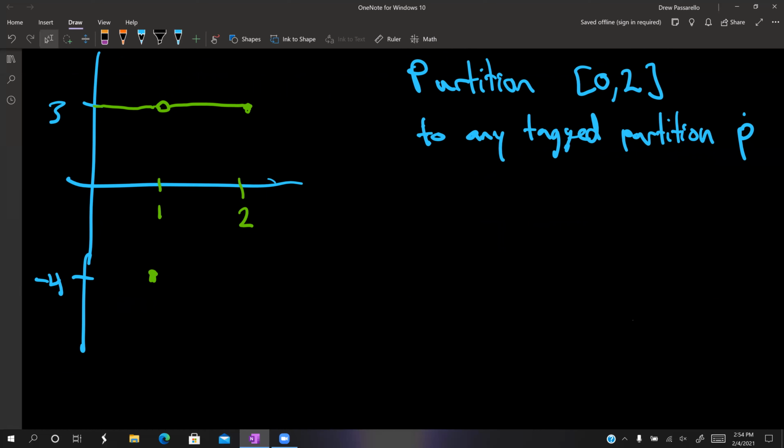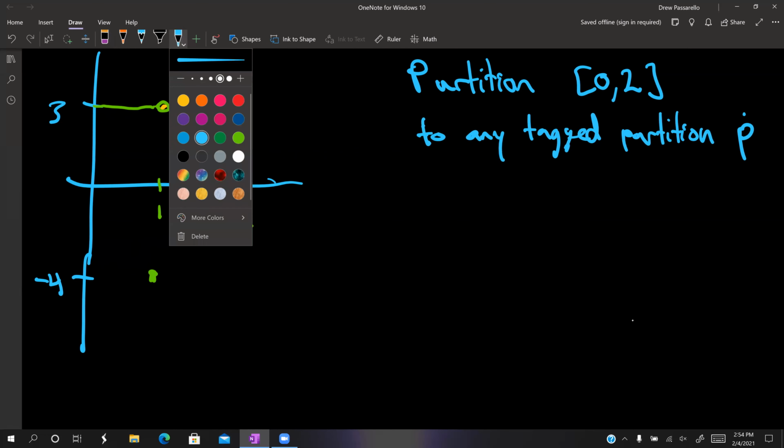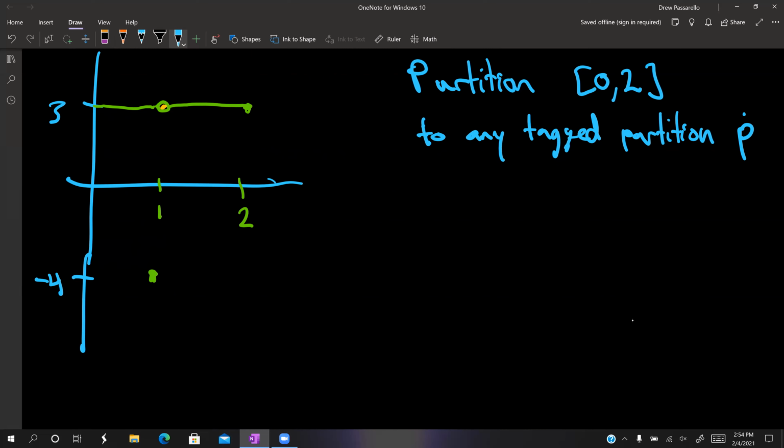Now the question is, because we have a value that's different from the rest of them at a particular value 1, it wouldn't be a problem if this was already filled in, because this would be just like our previous example. We just do all that like before. Now, because it does have a hole at that value, it is possible that one of our tags is chosen to be at 1, and if it's at 1, then the height of it will go down to negative 4. So that is where things get messy.